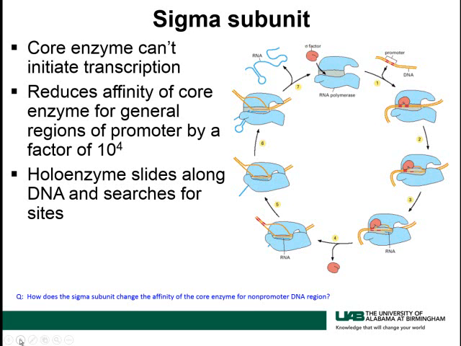So the core enzyme cannot find the region where transcription must occur, but the holoenzyme with the sigma subunit bound actually searches the DNA region, and it comes up with the right site through the activity of the sigma subunit. And this search is very, very fast. It is one-dimensional, not three-dimensional.